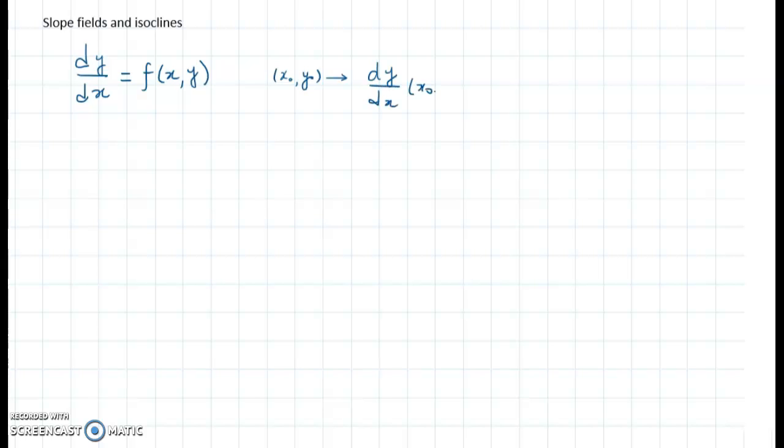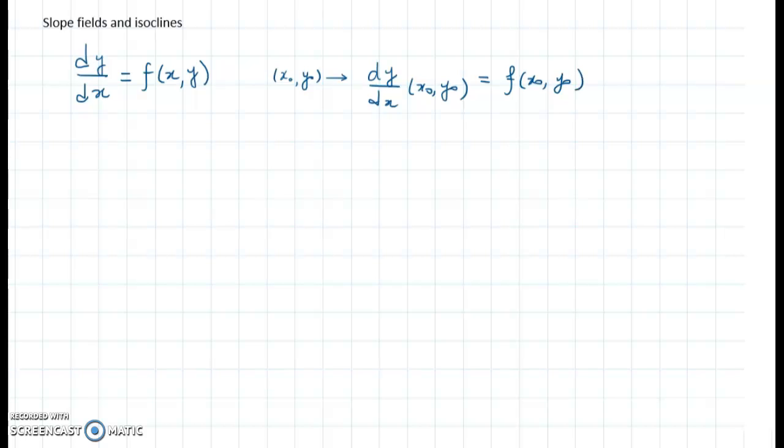So we don't know what the function y is. That's unknown in our differential equation. But at each point x0, y0, we can find the value of the derivative at that point, because that's given by evaluating the function f at x0, y0.